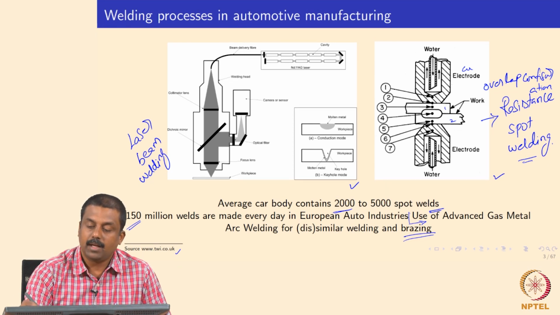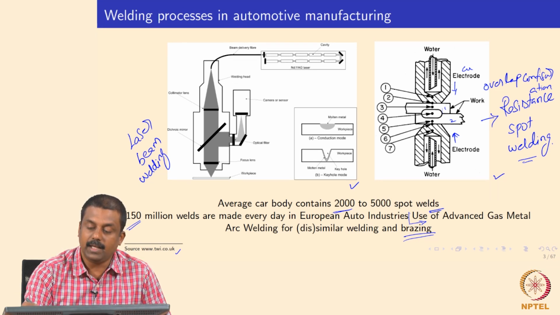Okay, and then we apply some load. While applying load, we also pass a current of some amperage. The actual values we will see in the next slides. So we pass a current and we subject the faying interface to a compression load in this case.